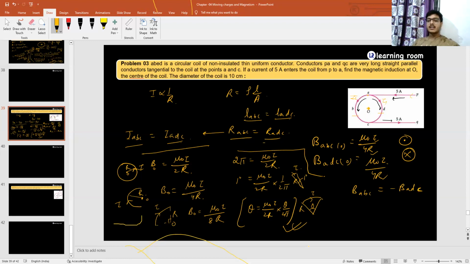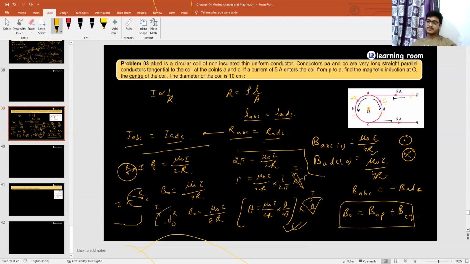In that case, the magnetic field due to the whole circular part will cancel each other. So the magnetic field at the center O will be just due to the length AP plus the magnetic field due to the length CQ. Do you agree with me here or not? Yes or no?